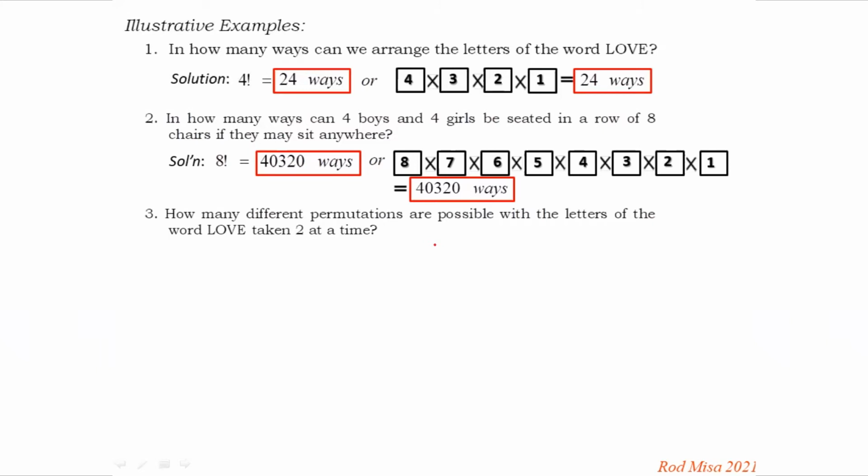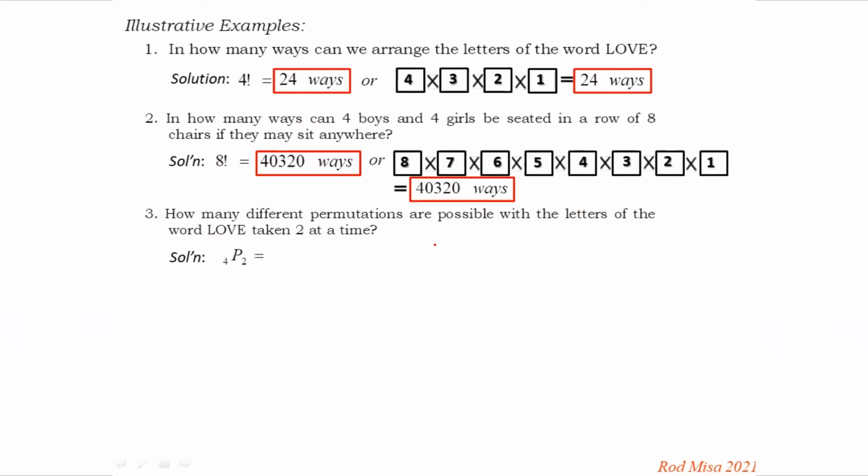But here in the third problem, we are taking only 2 letters at a time. So we can have LO or LV or LE or OL or VL or EL and so on and so forth.